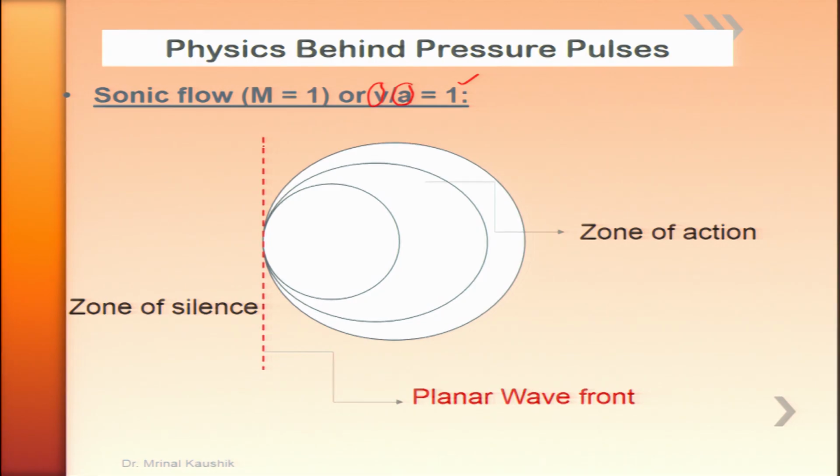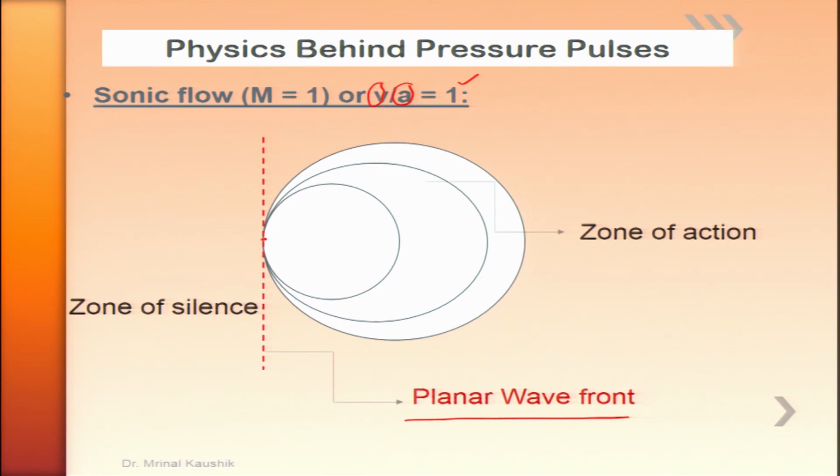We observe quite unsymmetrical wave fronts on the right side. If we draw a tangent at all these points where they are coalescing, then we observe this wave front as a planar wave front, and this is also termed the Mach cone.